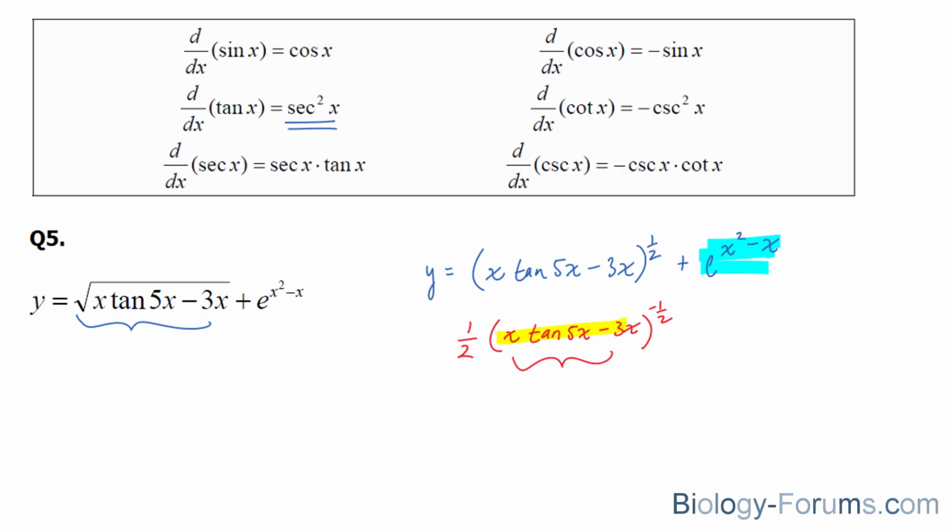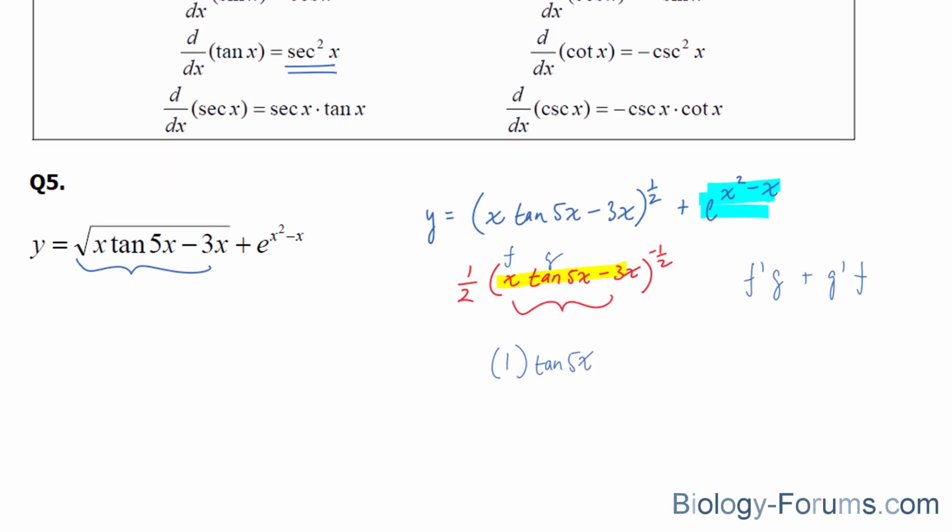And just to be very explicit, that will be my f and this will be my g. And remember, the product rule is the derivative of f times g plus the derivative of g times f. So we'll differentiate x, which is equal to 1. We'll leave this the same.